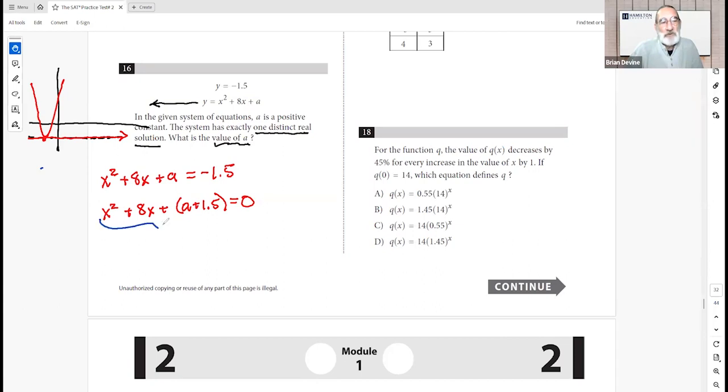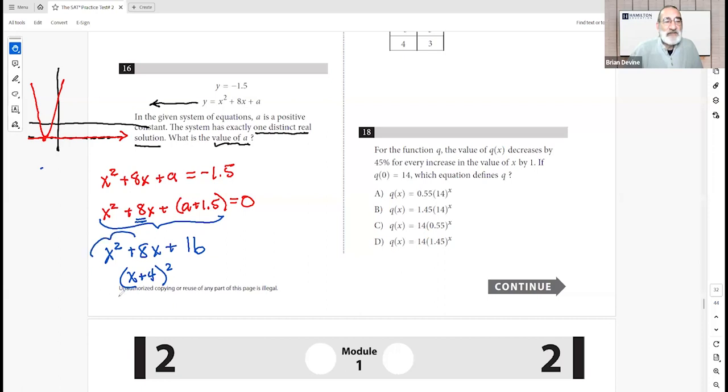well, one real solution. So I must have completed the square by taking half of 8 and squaring it. So this must equal x squared plus 8x plus 16, because that would equal x plus 4 squared.